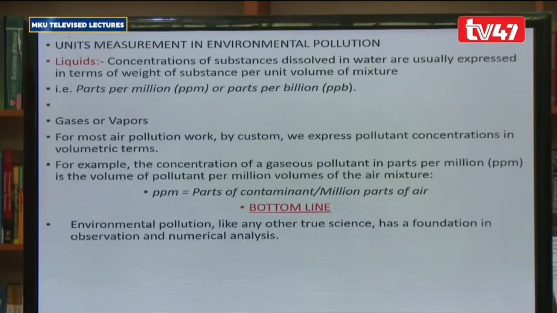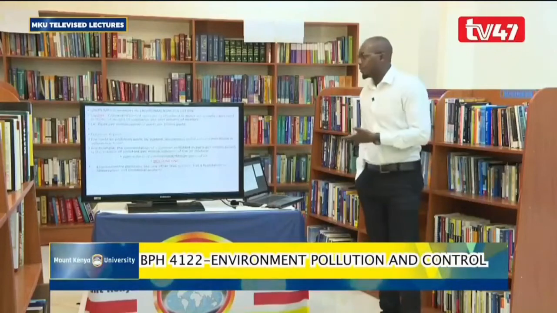So, of importance when it comes to pollution, for example, when you're talking about liquids, we're looking at the concentrations of substance dissolved in water, and it is expressed in terms of weight per unit volume of mixture. Weight has a standard through the use of SI. Weight can be measured in grams, kilograms, and so forth.